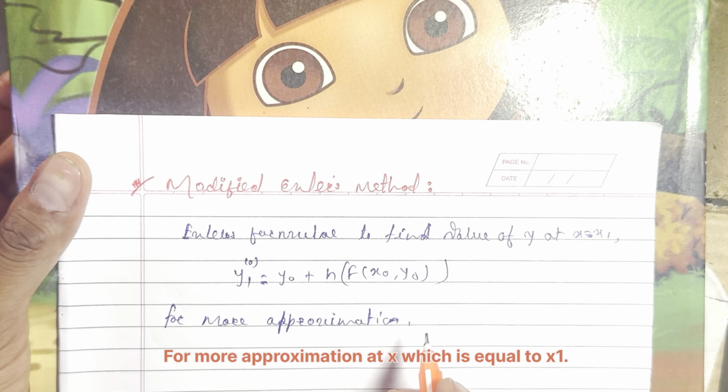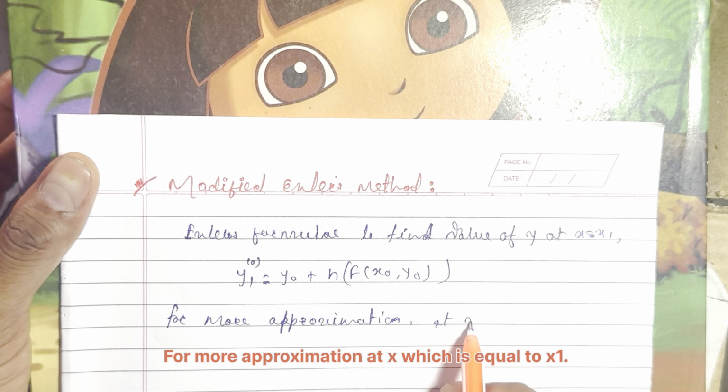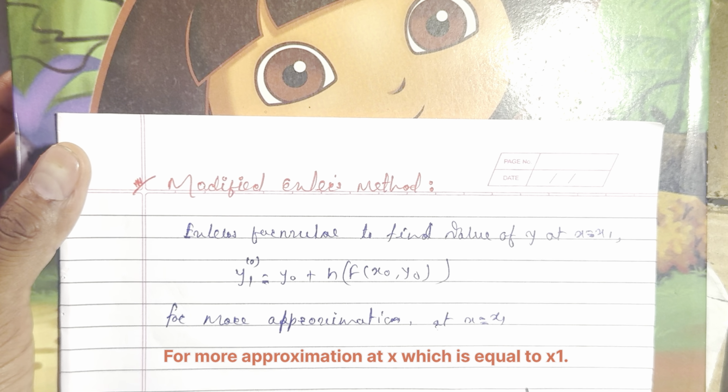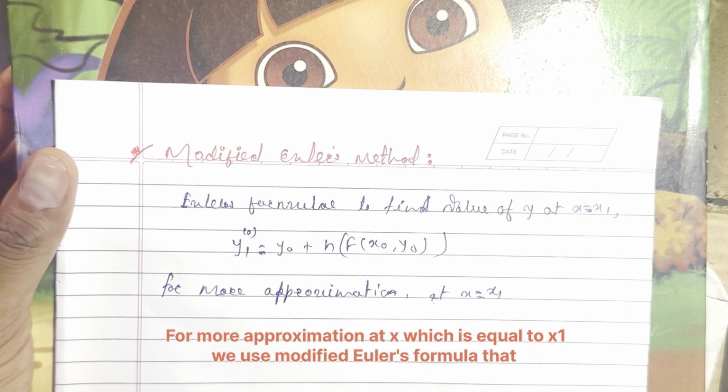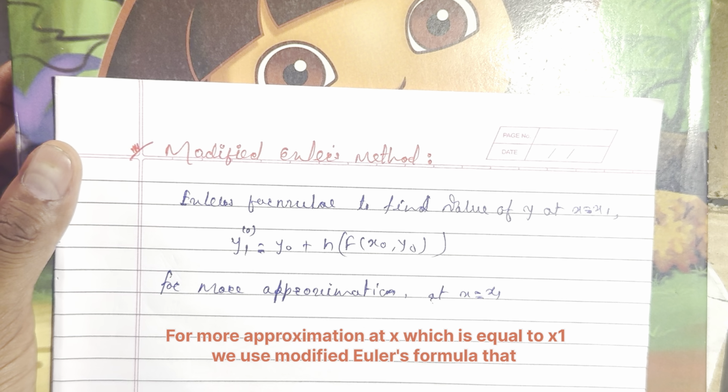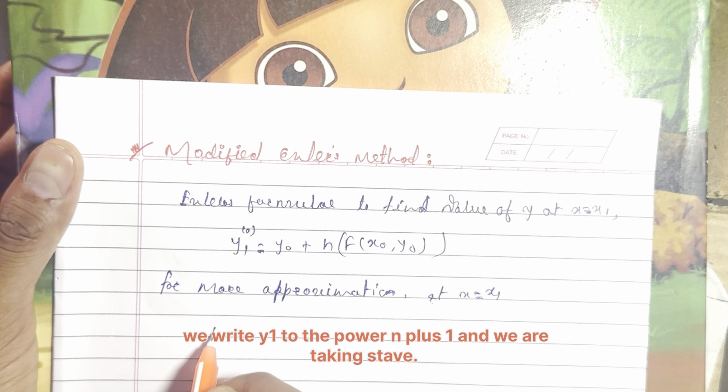For more approximation at x equal to x1, we use the modified Euler's formula.